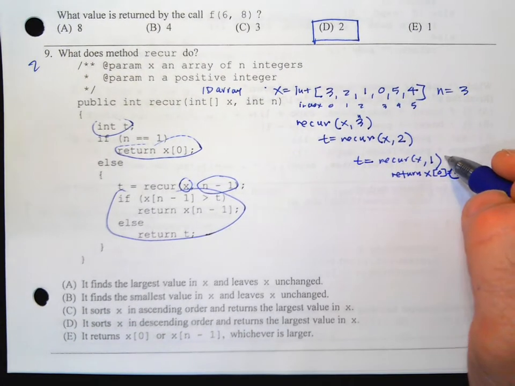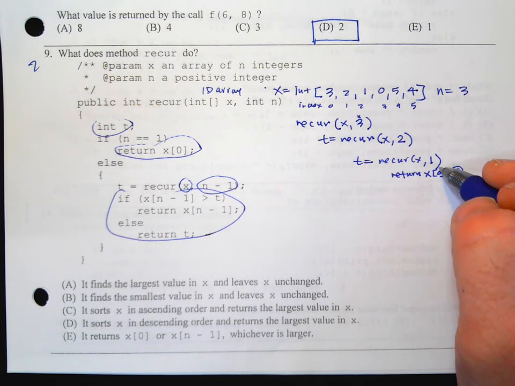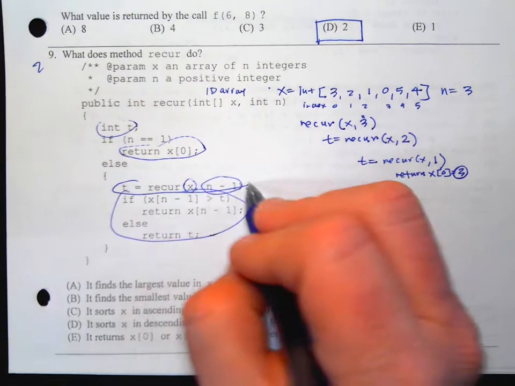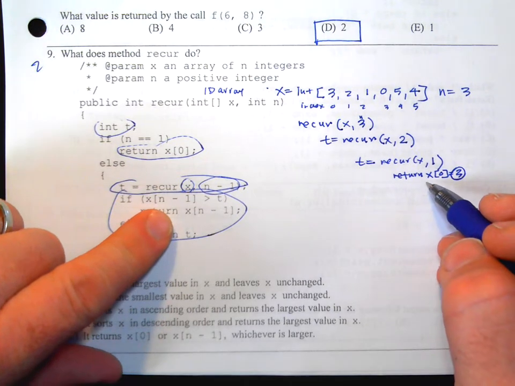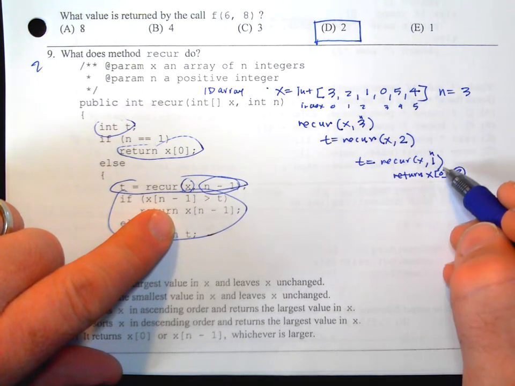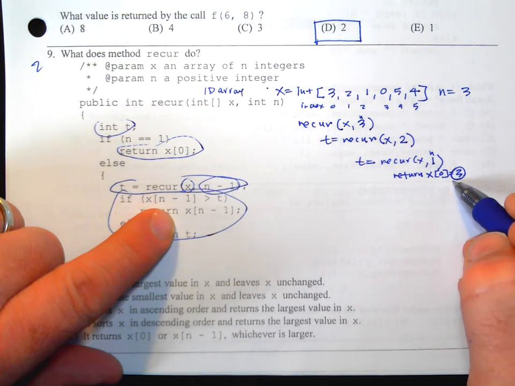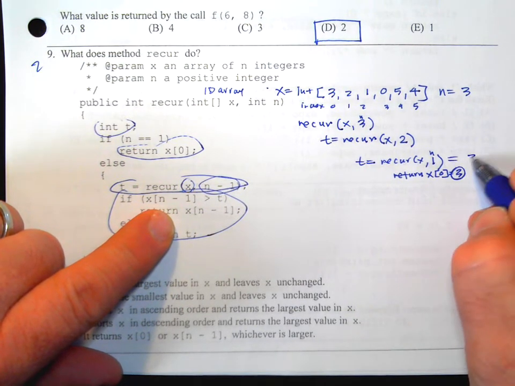Now that gets returned. Now we're at the last step here. Now we're going to do this for the last step. If x n minus 1, so this was n right here, is bigger than t, so t equals 3, by the way, because this returned 3 to this. So t equals 3.